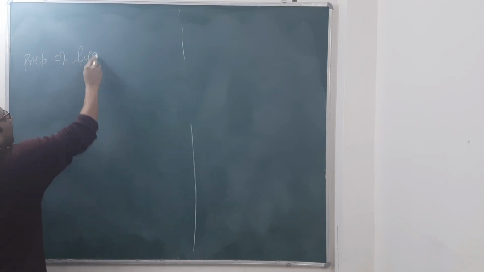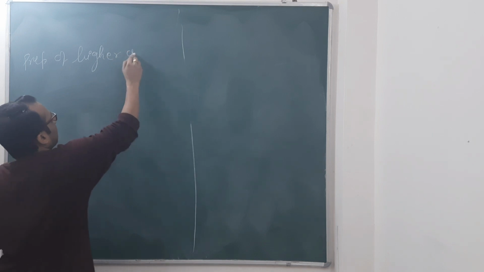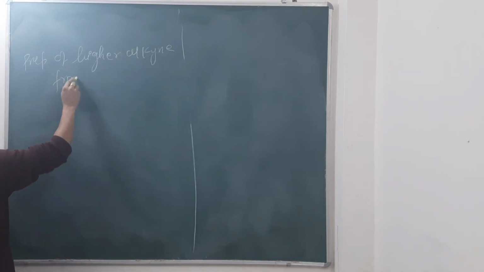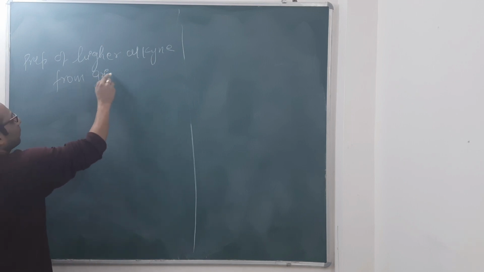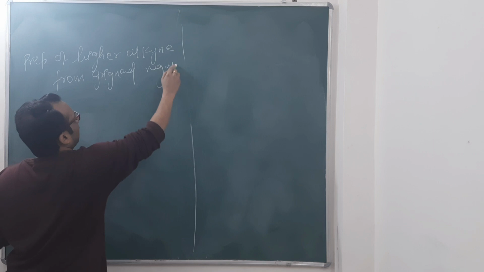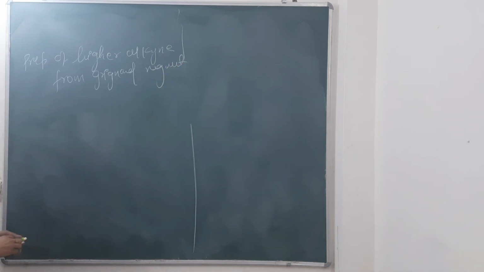So first I write here the preparation of higher alkynes from Grignard reagents. Okay, so how can we prepare it? See, HC triple bond CH. I have taken acetylene.